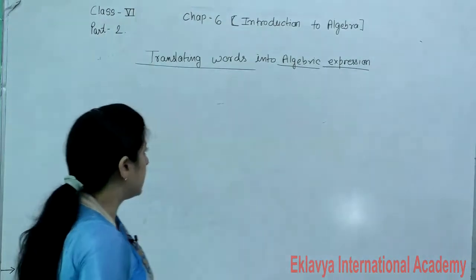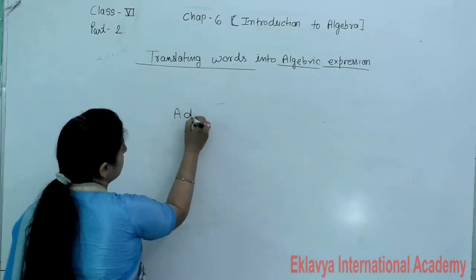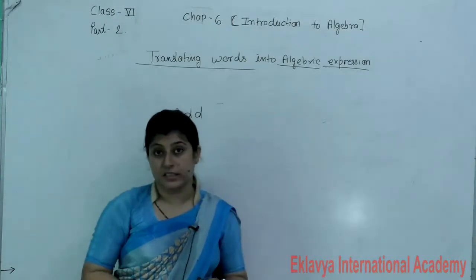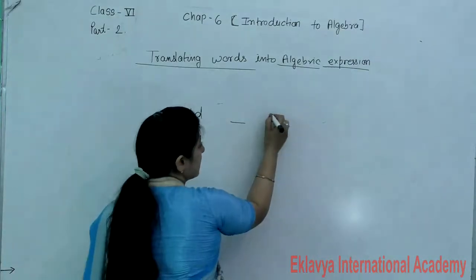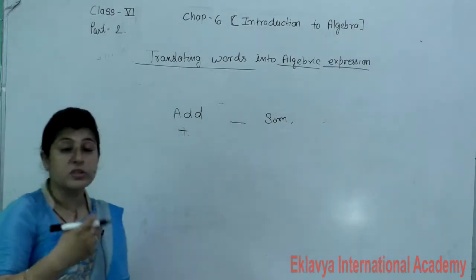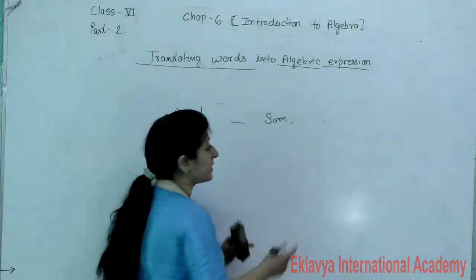So see, suppose we want to describe add. The sign is plus. When we use add, the meaning is sum. When we want to find the sum of two things, we have to apply the addition operation.